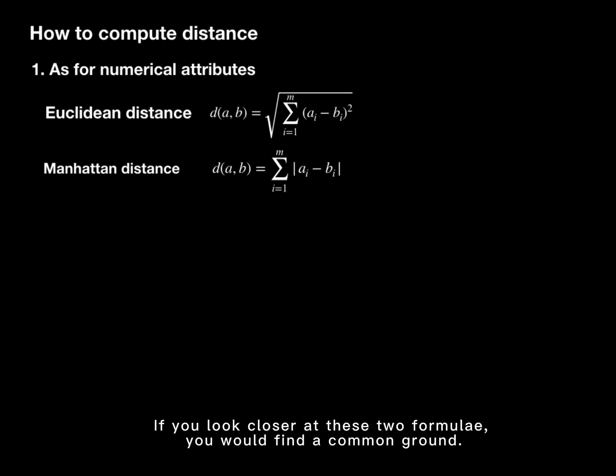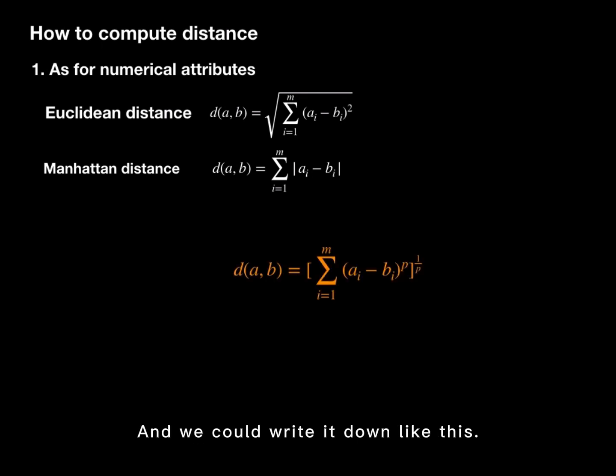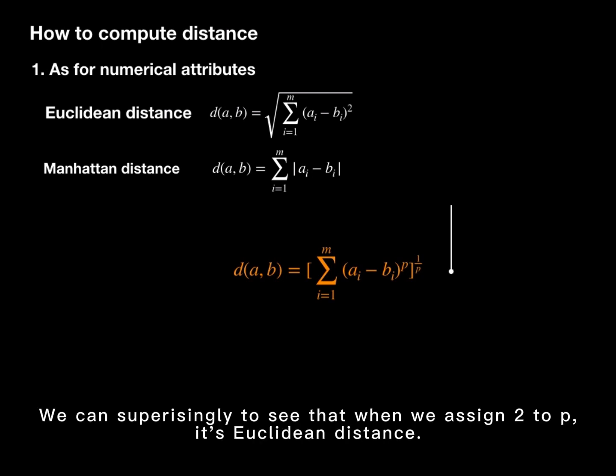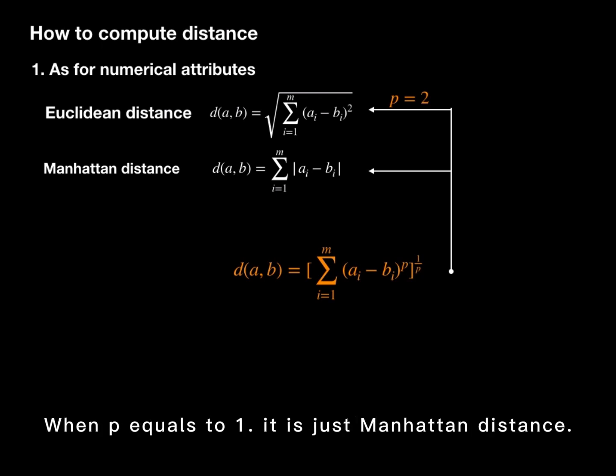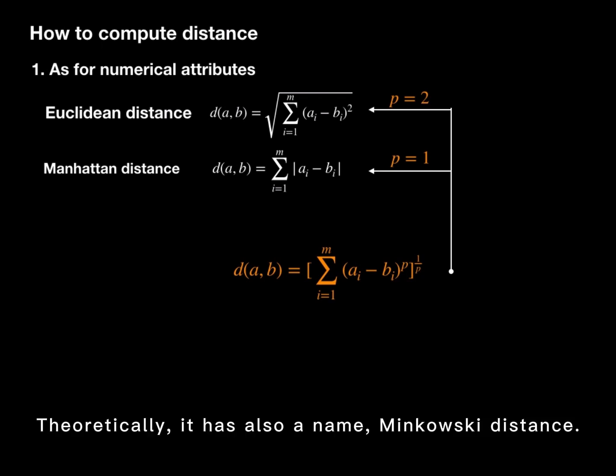If you look closer at these two formulas, you could find the common ground, and we can write it down like this. We can surprisingly find that when we assign 2 to P, it is Euclidean distance. When P equals 1, it is just Manhattan distance. Theoretically, it also has a name, that is Minkowski distance.